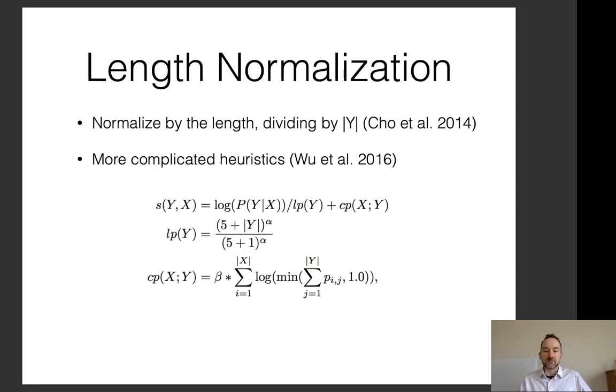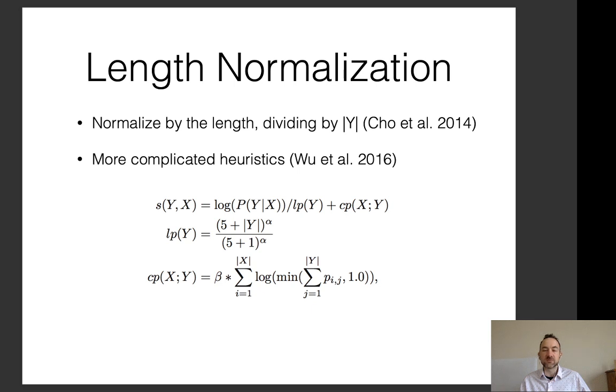One very common way of fixing this is normalizing by the length. Instead of doing search to maximize the log probability of the sequence itself, you divide by the length of the sequence to find the sequence that has the largest average log probability of each word of the sequence.